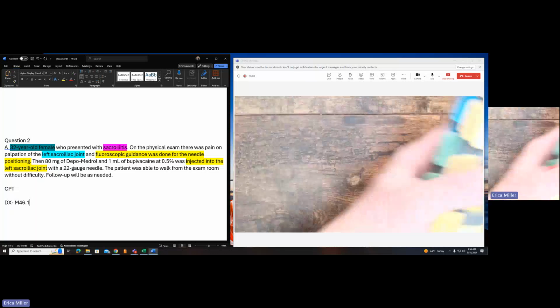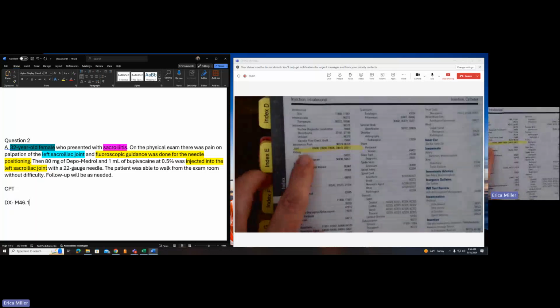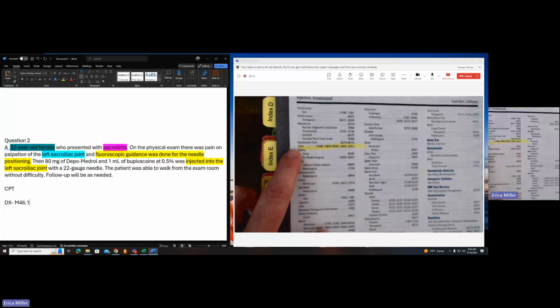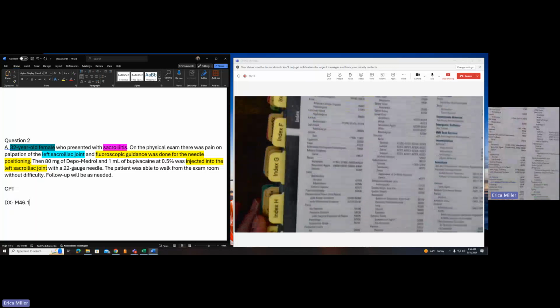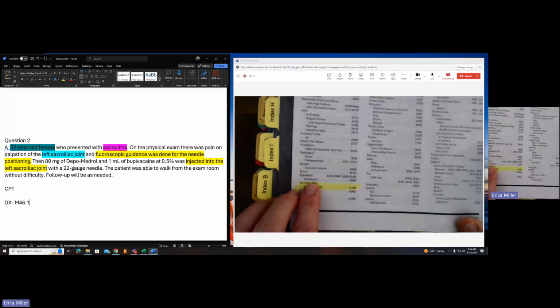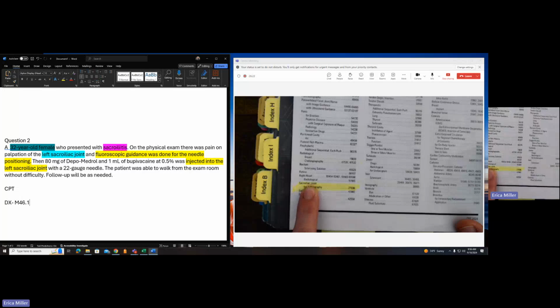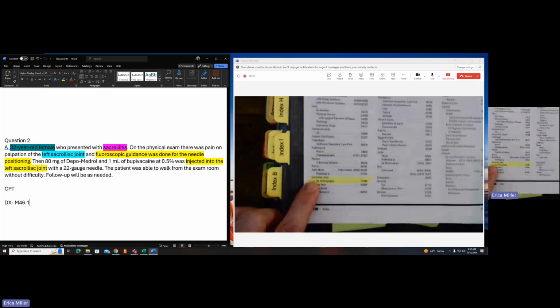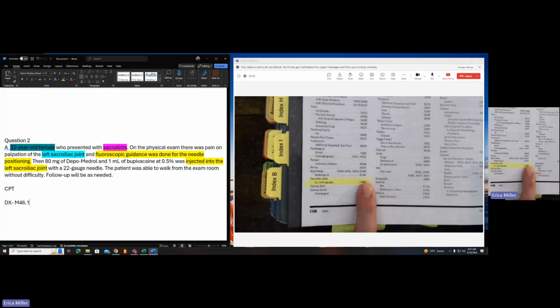If you started with the word injection and then you went to joint, you would actually find yourself going in the wrong direction. Take a little more time. You'll find a specific code just for your sacroiliac joint, and it says for arthrography, 27096. So I'm not sure about the arthrography part, but I definitely know that I've got those keywords of injection and sacroiliac joint, and this is a really great place to start.